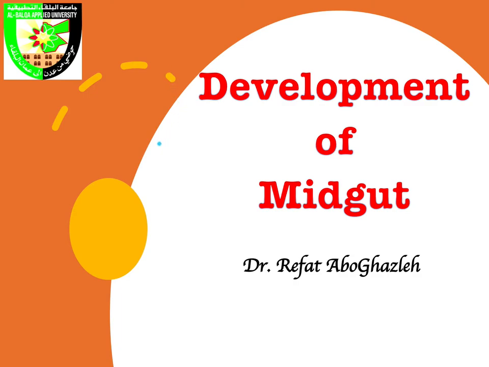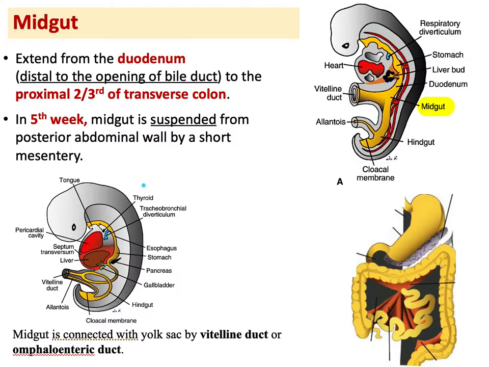Again for another lecture in the GI system, and today we will talk about the development of the midgut. From the previous lecture about the development of the foregut, we mentioned the formation of the pharynx, esophagus, and the stomach, and you see here the dilatation of the stomach and the duodenum.